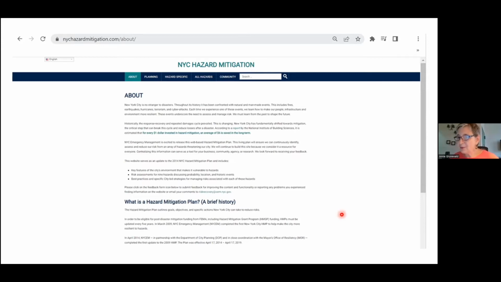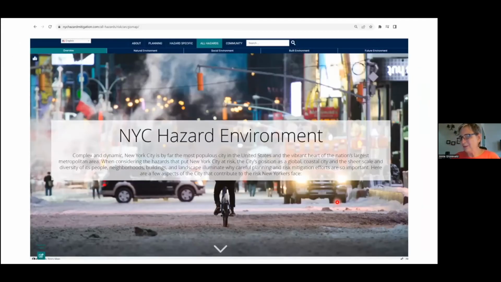And so the most important part of this is there are 2 tabs here. There's an all hazards tab and there's a hazard specifics tab. Remember, we talked about all hazards and hazard specific. So I'm going to just show you what the all hazards tab looks like first and point out what might be useful to you. Do you have to use it for doing your HVA, hazard vulnerability analysis?